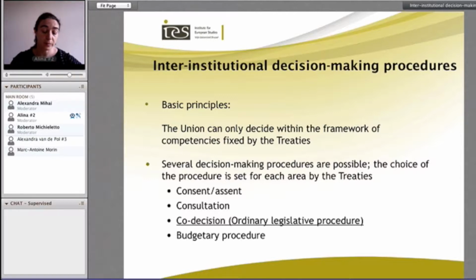And starting basically from this principle, we have the 4 different procedures that I've put in here. What's important with regard to decision making is we have the so-called institutional triangle. That means that we have the Commission involved, we have the Council, and we have the Parliament. How that is divided between the 3 institutions, we're going to take a look at a little bit later. But the Commission is basically responsible for starting the legislative initiative, and then we have one of the major decision makers in the European Union, that's the Council.